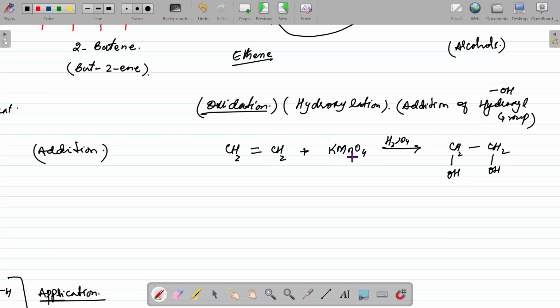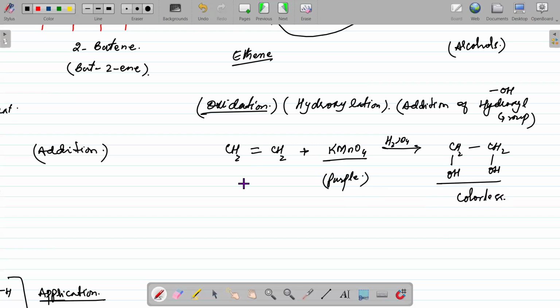So in this reaction, remember, observe what we will see. The KMnO4 has a unique purple color. So if KMnO4 reacts with this alkene and this new product forms, what is the change which we will observe? The purple color will disappear.